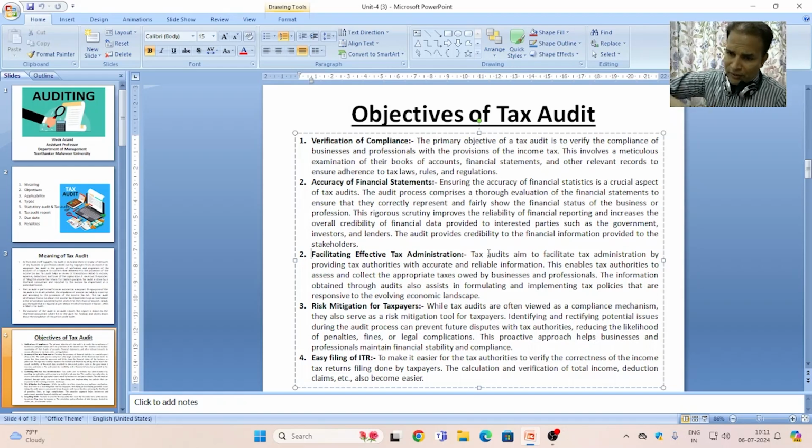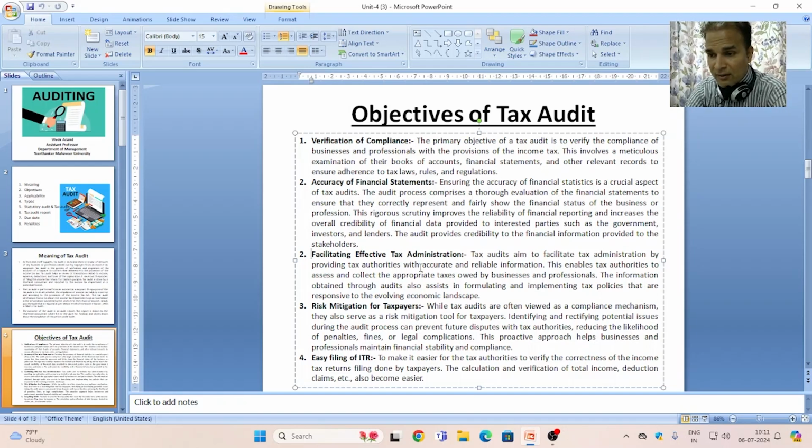So, audited books of accounts concerning tax provide reliability to the users of financial statements. Then, facilitating effective tax administration. Tax audits aim to help tax administration by providing tax authorities with accurate and reliable information.